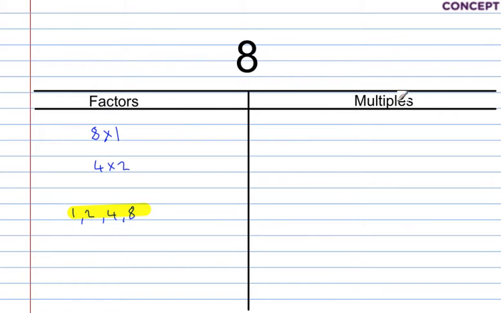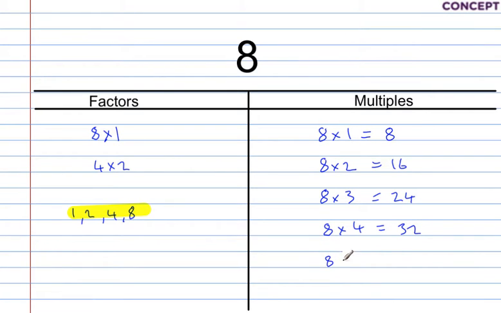Right, well the multiples of 8. What are the multiples? The multiples of 8 are the numbers you get when you multiply 8 by any whole number. So let's say we multiply 8 multiplied by 1, that's 8. 8 multiplied by 2 is 16. 8 multiplied by 3 is 24. 8 multiplied by 4 is 32.